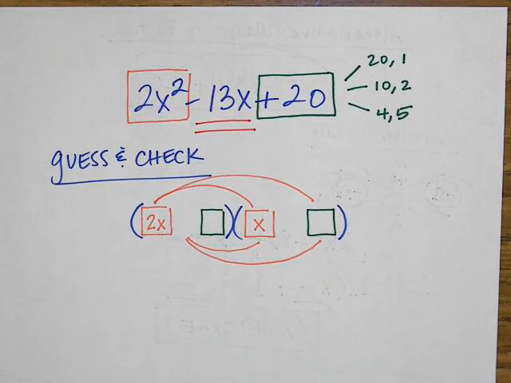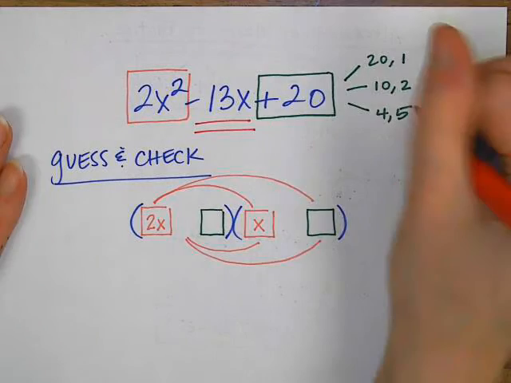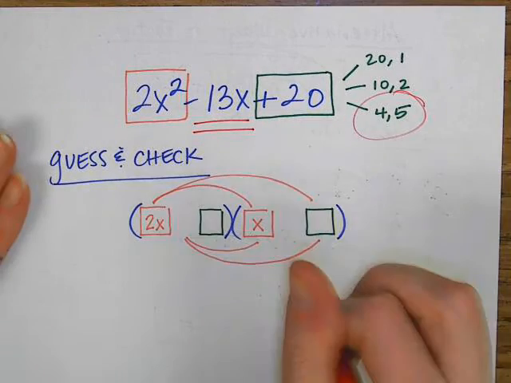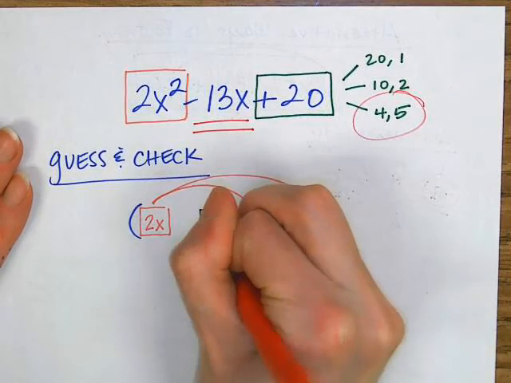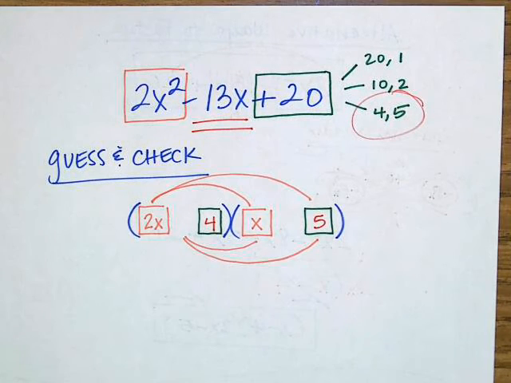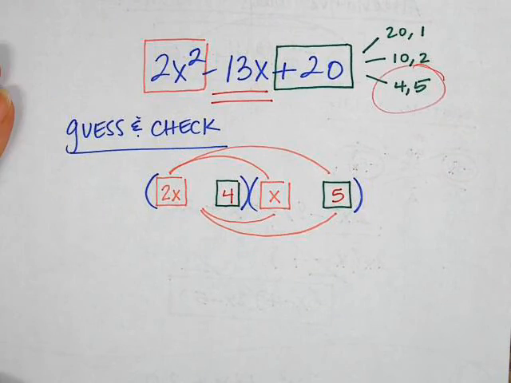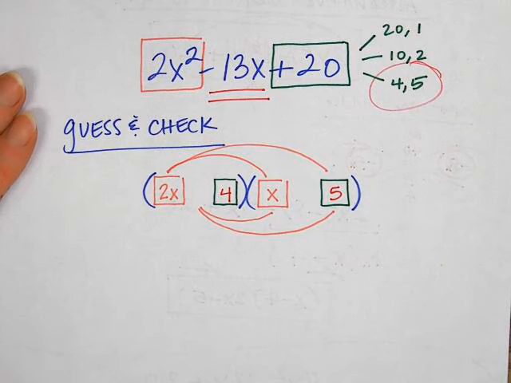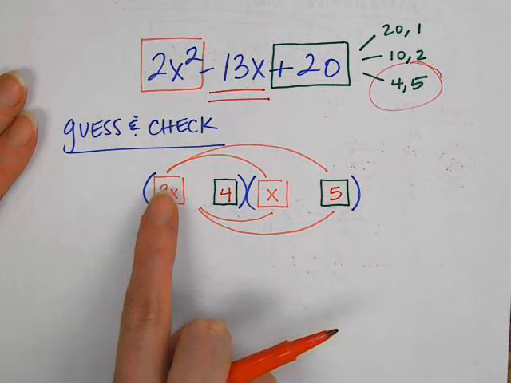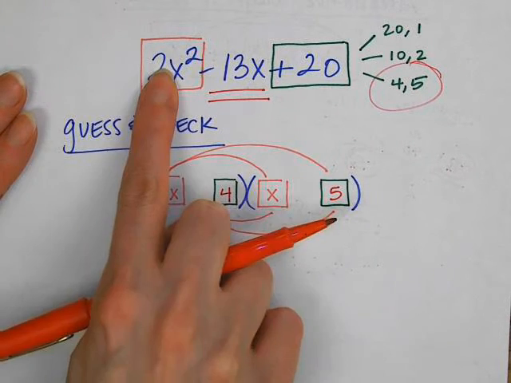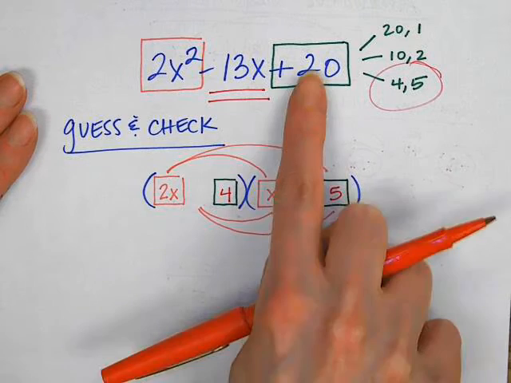Let's just play around. Let's say we tried 4 and 5, with the 4 here and the 5 here. Let's just guess and check. 2x times x is 2x squared. 4 times 5 is 20.